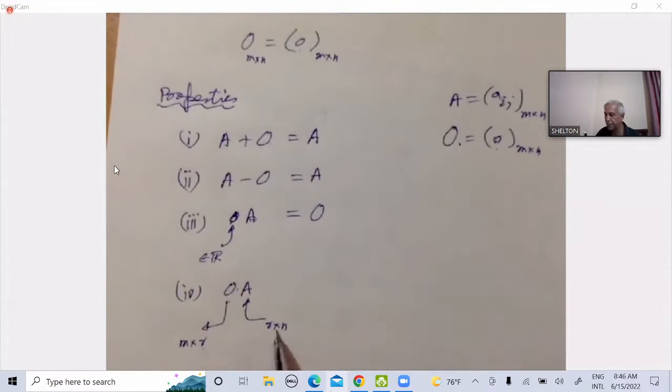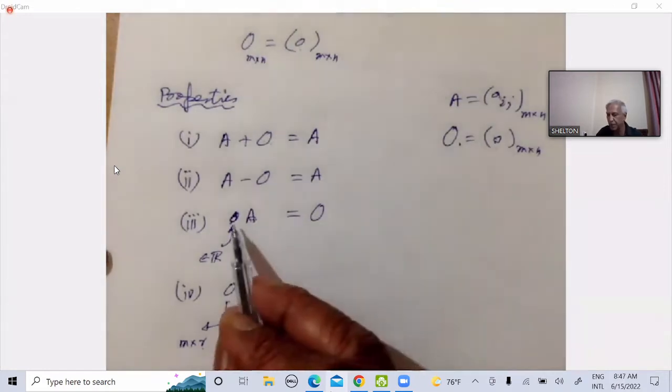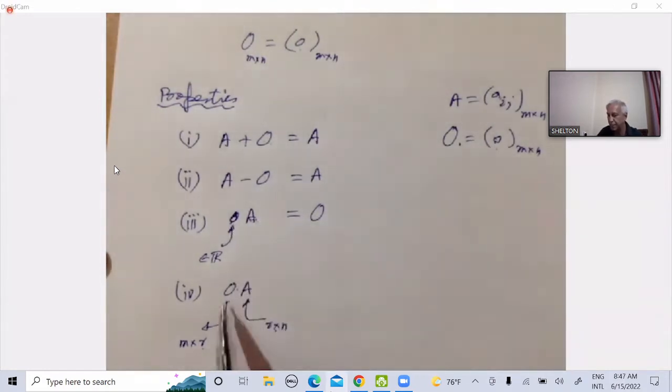Otherwise you cannot multiply. No, here they are of the same size. Here for this multiplication, this is the number 0. So there is no problem. We know how to multiply a matrix by a constant. Here to multiply this matrix by this, the compatibility condition should be satisfied.